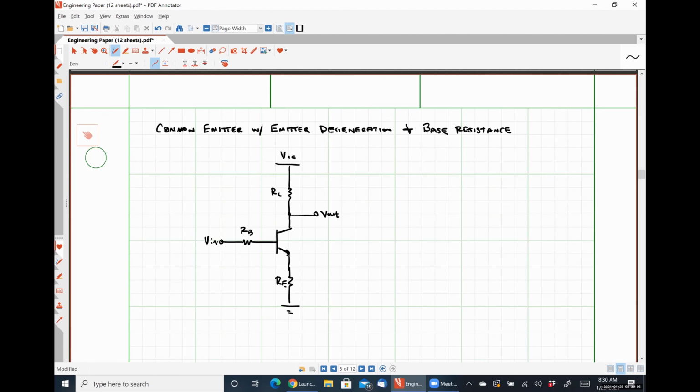So the reason why we're looking at this particular circuit is because we know that in our full biasing scheme, for instance, I'm going to draw it over here.